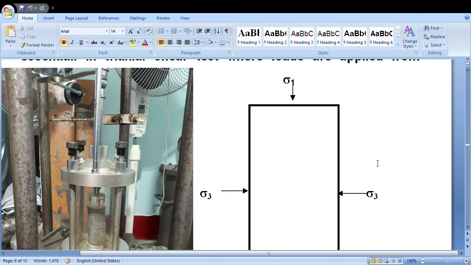Sigma 3 is our lateral pressure. Lateral pressure, we are considering our soil has some lateral support, which we normally consider as overburden pressure. So, in this shell assembly, we are applying water pressure here with a water tank, and a rubber membrane was provided here not to disturb this specimen.